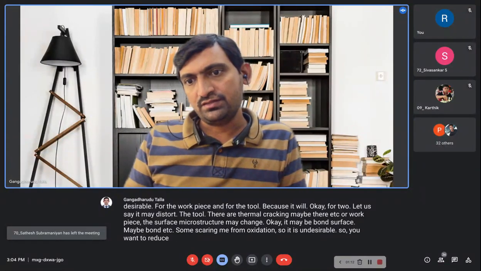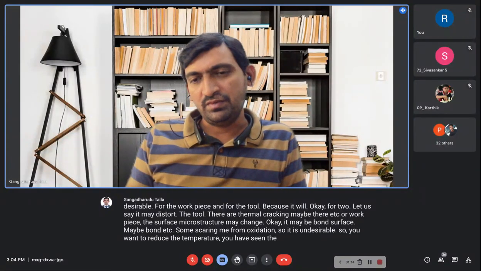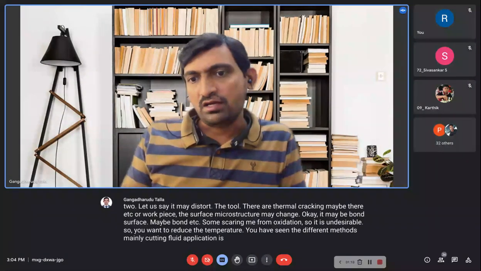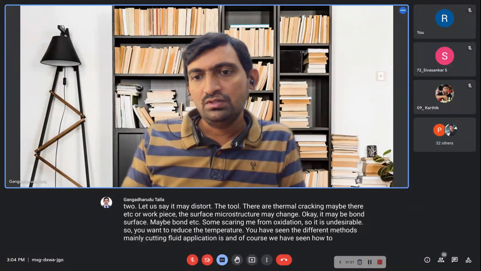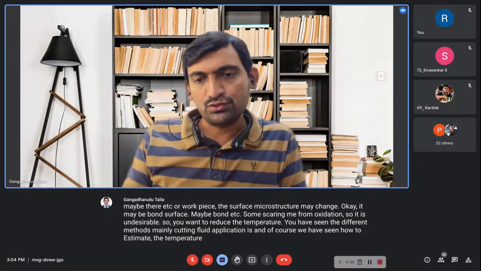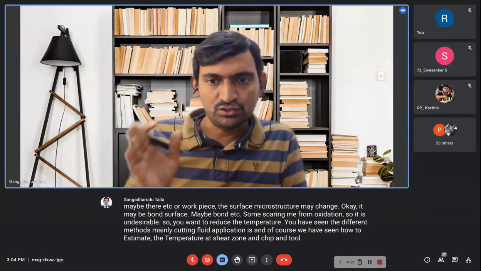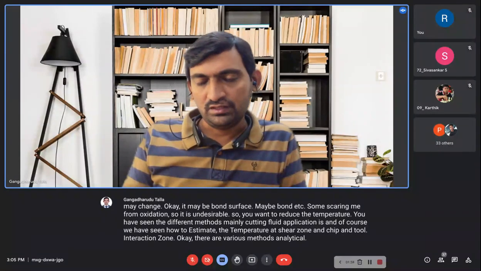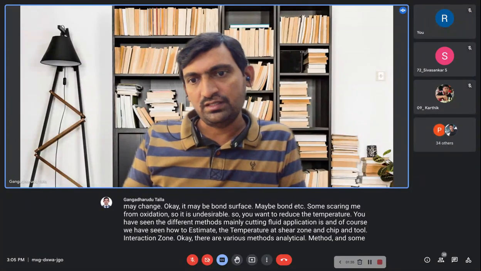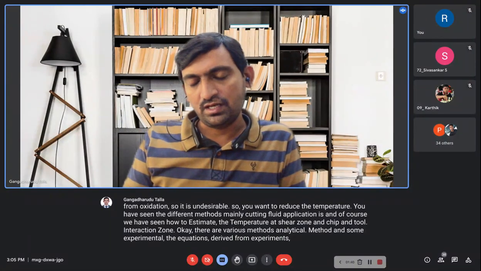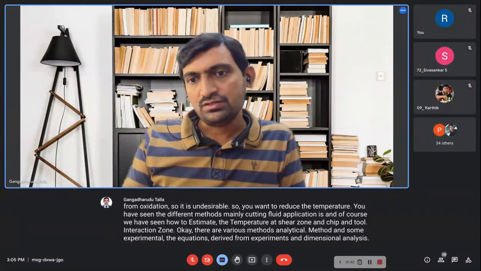So you want to reduce the temperature. You have seen the different methods, mainly cutting fluid application. And of course, we have seen how to estimate the temperature at the shear zone and the chip-tool interaction zone. There are various methods: analytical methods and experimental equations derived from experiments and dimensional analysis.